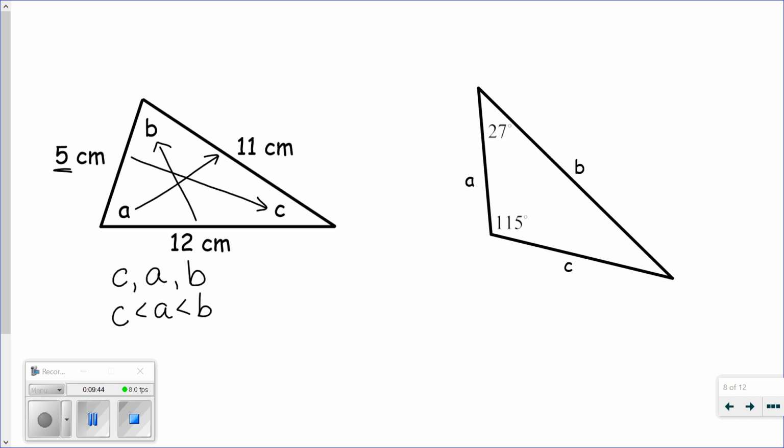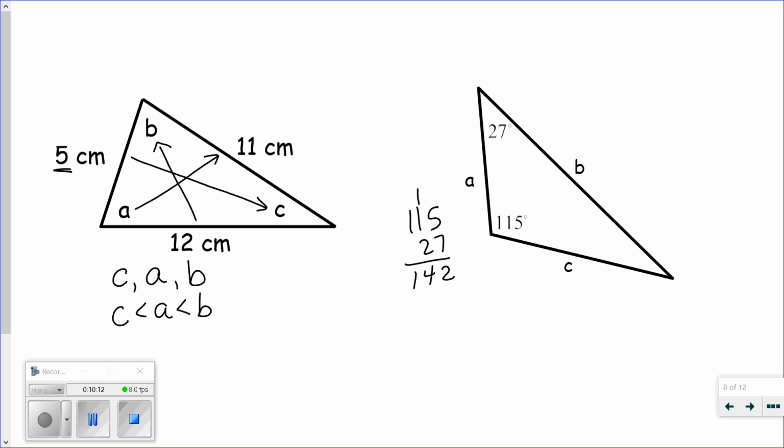Now in this one, I have two angles, and I want to know the order of my sides from least to greatest, from my shortest side to my longest side. Well, first we might want to know that third angle, right? I have 115 degrees and 27 degrees, and you can take out your calculator, which gives me 142 degrees total.